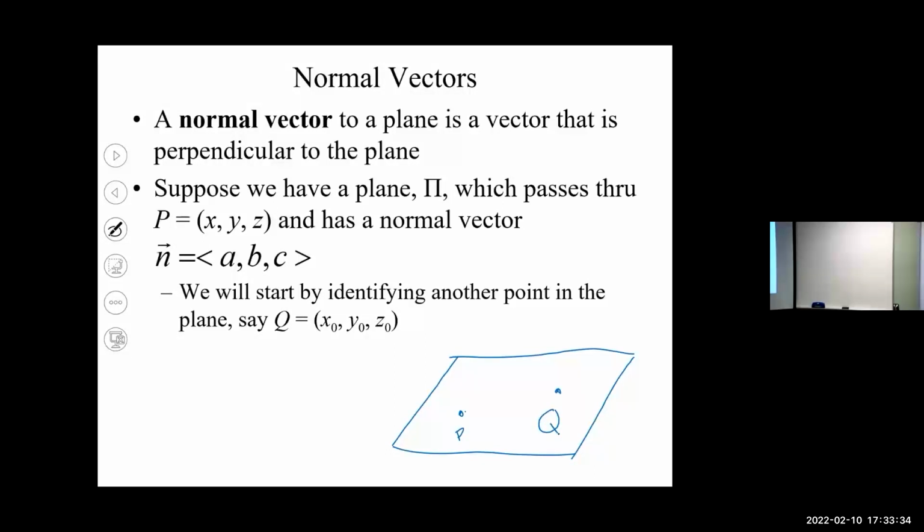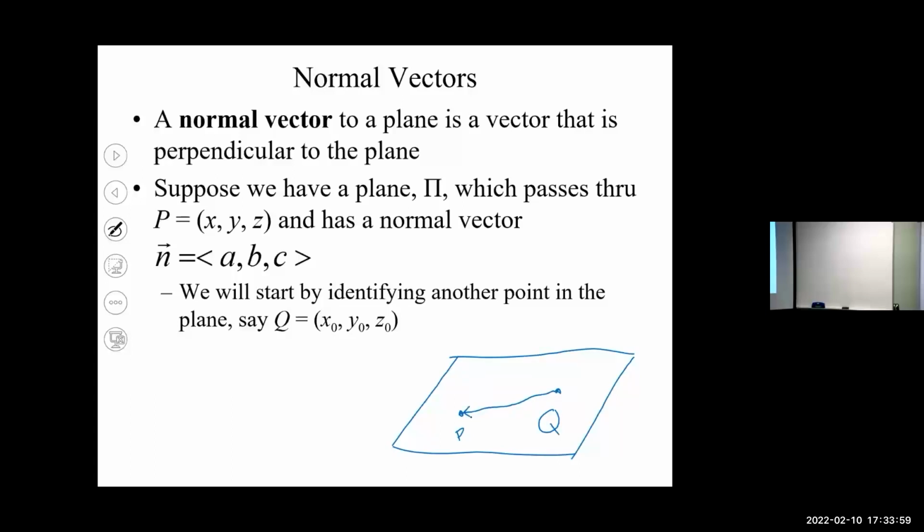Then I'm going to make a vector from Q to P. Let me see, I want to match my notes. Yeah, let's do Q to P.